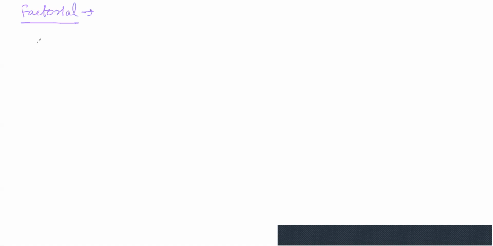What is factorial? So factorial is only defined for positive integers. And sorry, I should write only defined for non-negative integers.